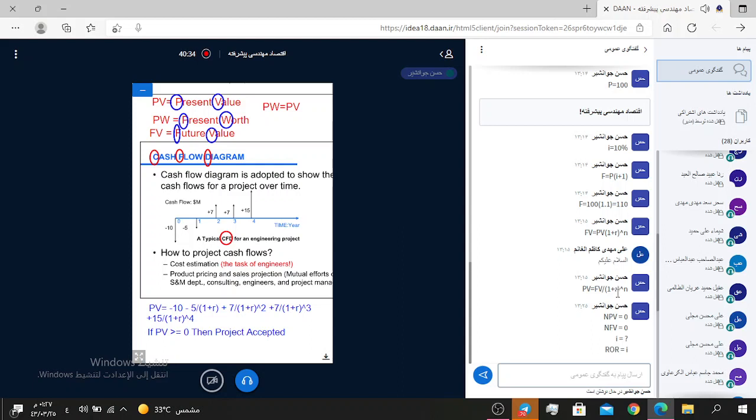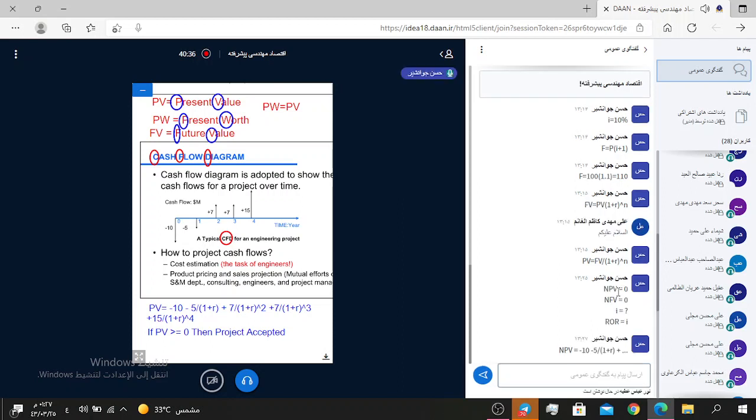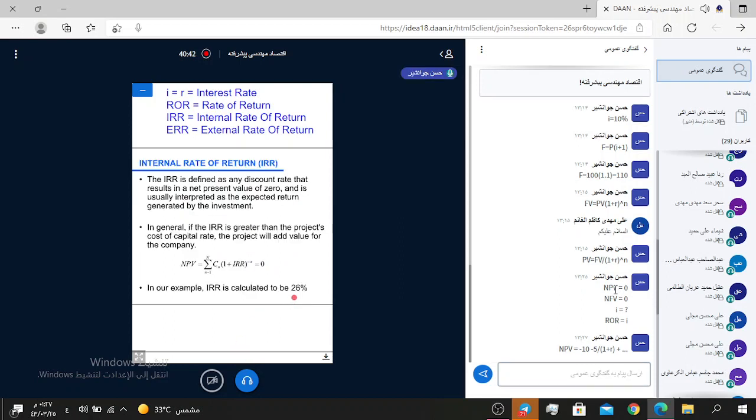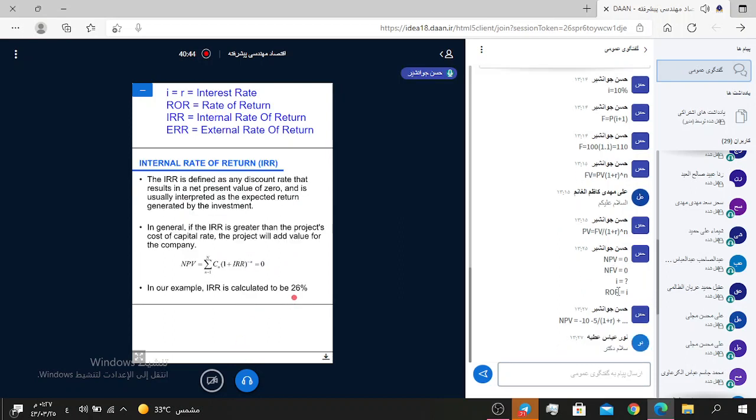If you set NPW equal to 0, it is calculated as 26%. Therefore, you can set NPV or NPW equal to 0 or NFV equal to 0, and IRR is calculated.